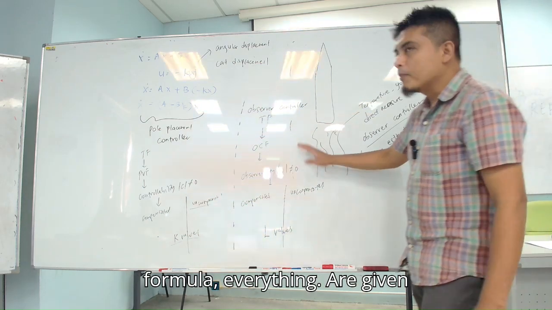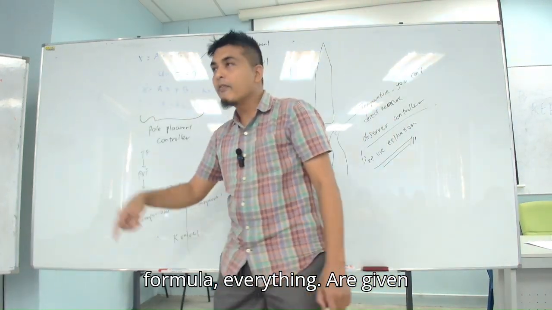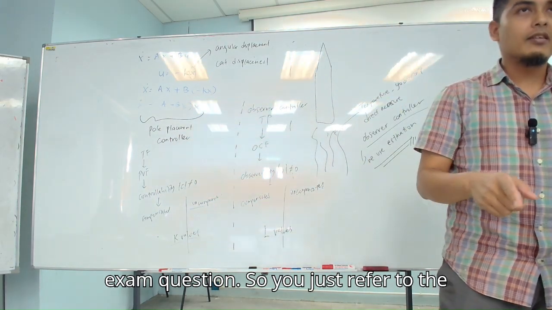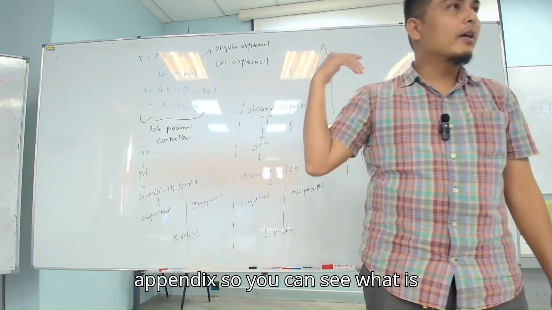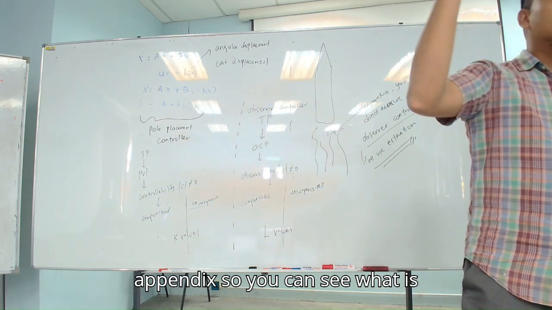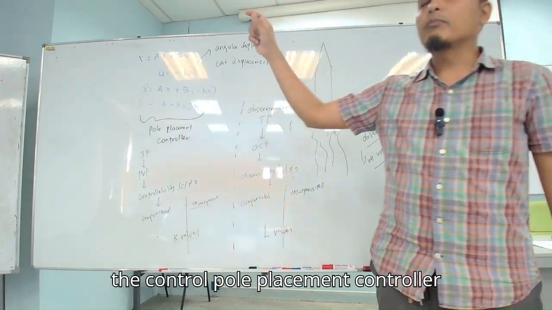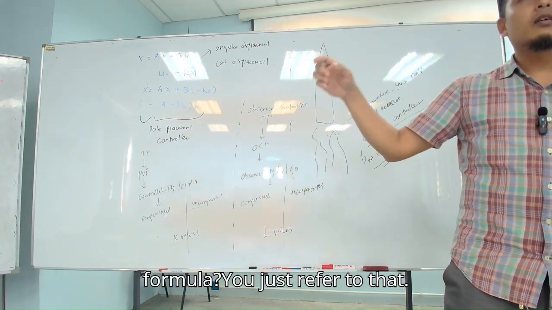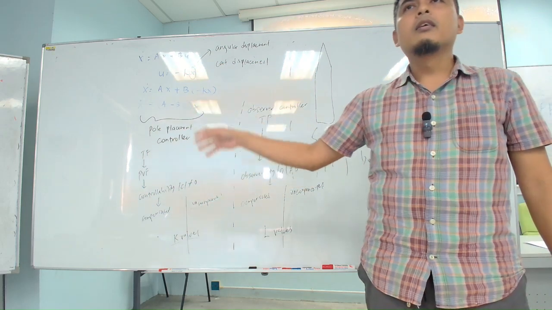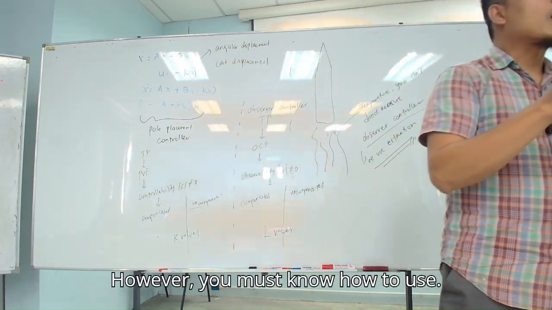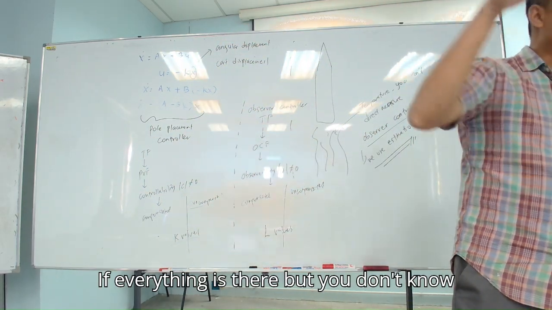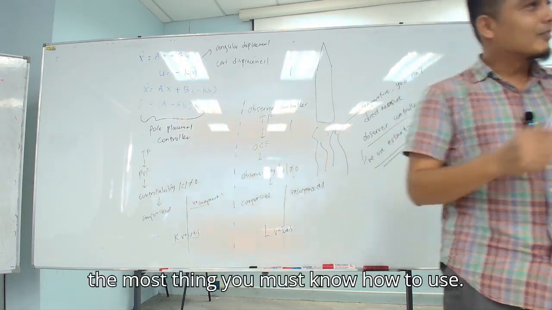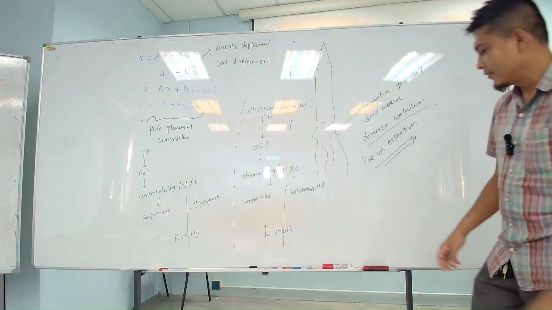Don't worry, the formulas and everything are given in the final exam question. You just refer to the appendix, so you can see the pole placement controller formula and the observer controller formula. However, you must know how to use them. If everything is there but you don't know how to use it, zero. The most important thing is you must know how to use it.